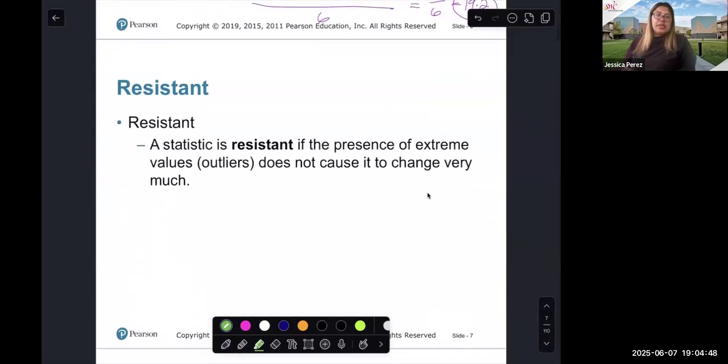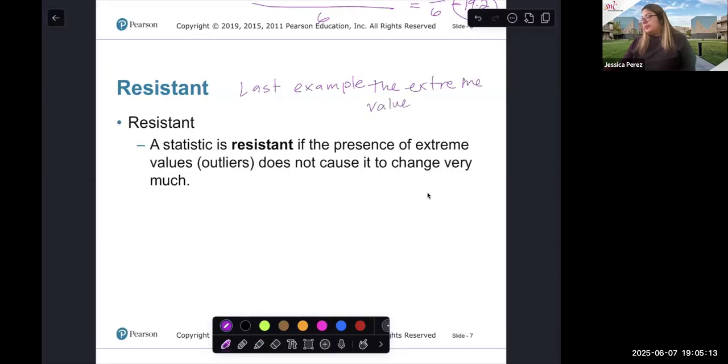The definition of resistant: a statistic is resistant if the presence of an extreme value does not change it much. In the last example, the extreme value was 100 versus 6.